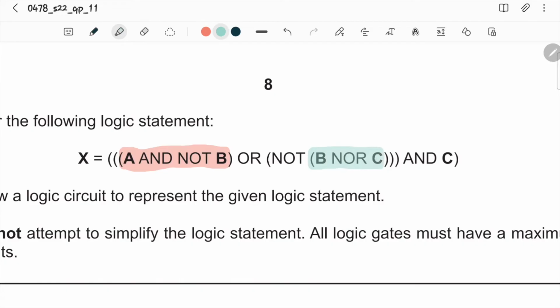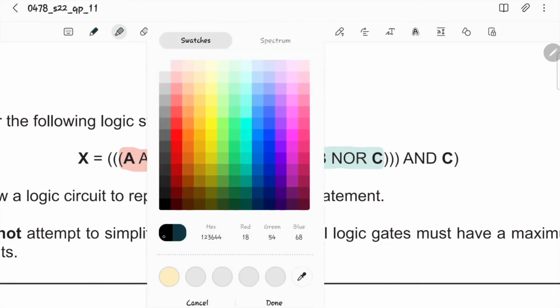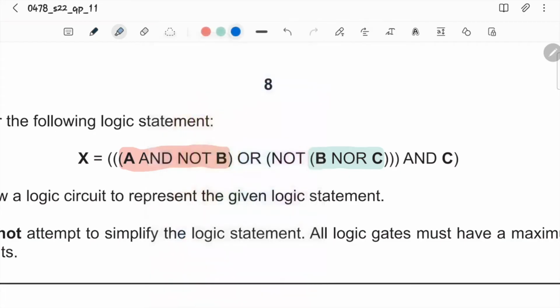We have a B NOR C that is also together. I'm going to put these in different colors. This is somewhat complicated.